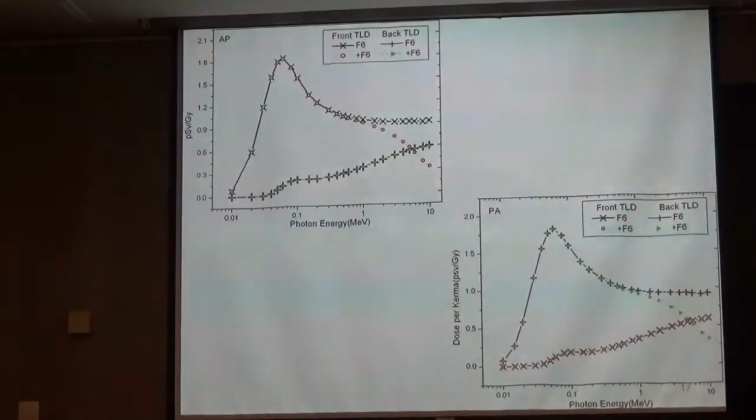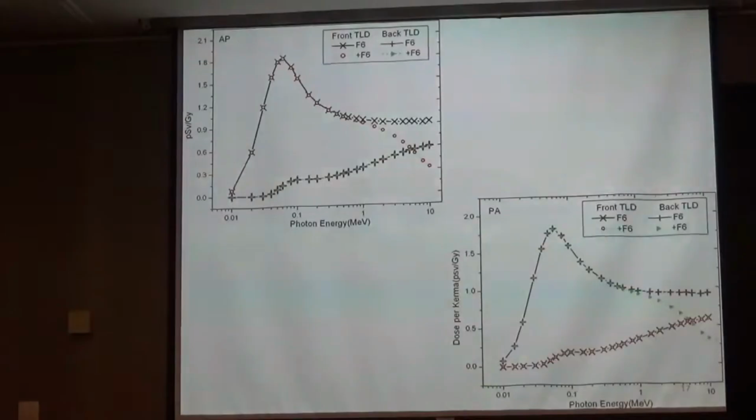The electron equilibrium is established. As seen in the figures, when the electron equilibrium is established, the results from the F6 and plus F6 tallies are matched together.